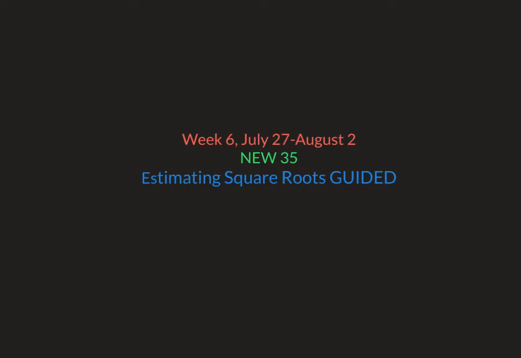Welcome back to week 6, new NEW 35, estimating square roots. We are going to be looking at now what happens when we have some of the square roots that are not those perfect squares that we talked about.